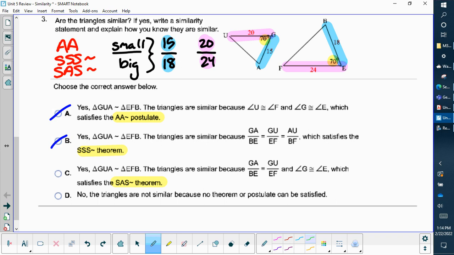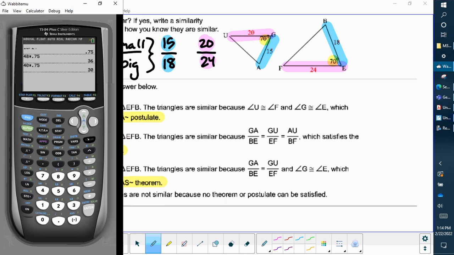Okay, I'm going to use a calculator, and I'll just see what those ratios turn out to be. 15 divided by 18 is 0.83 repeating. 20 divided by 24 is also 0.83 repeating. So I can check with a calculator.